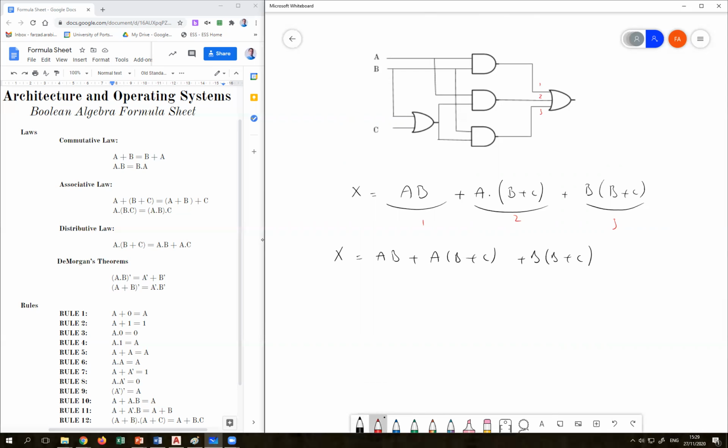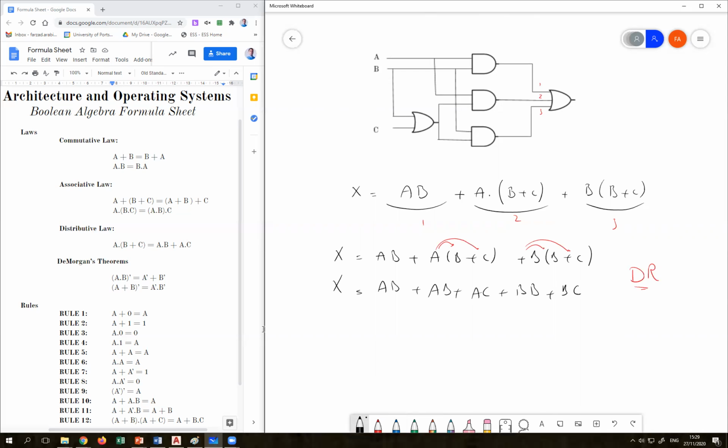I told you the first step is to remove the brackets. How? Using the distributive rule, to get rid of these brackets by multiplying them. What I get is X equals AB plus AB plus AC plus BB plus BC.